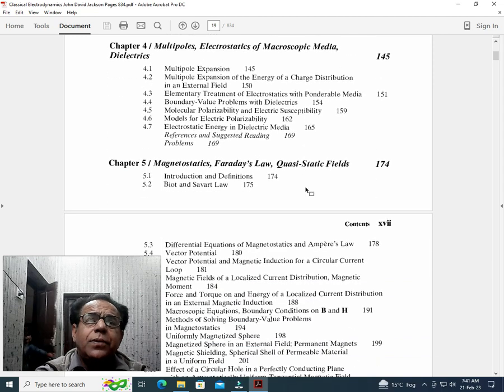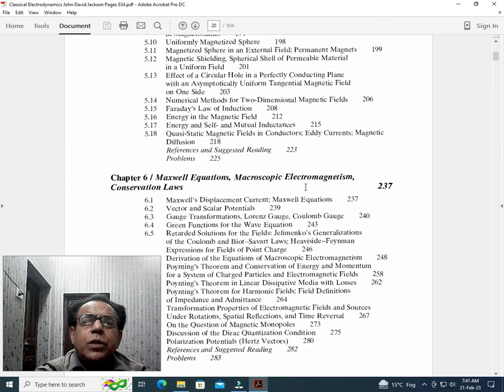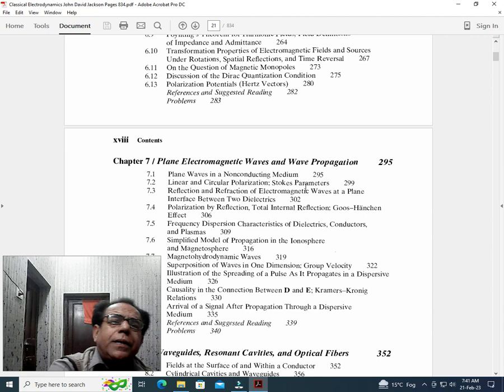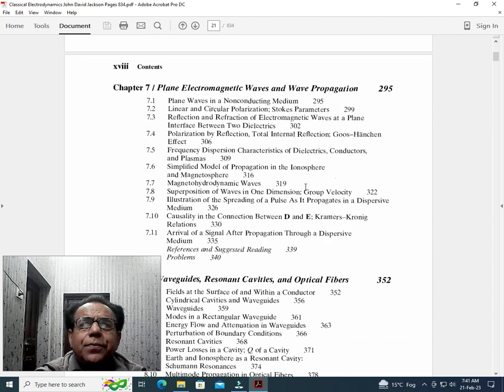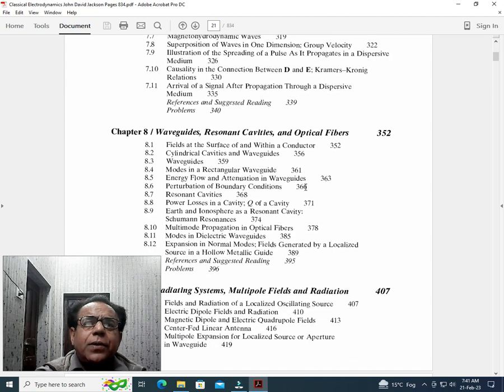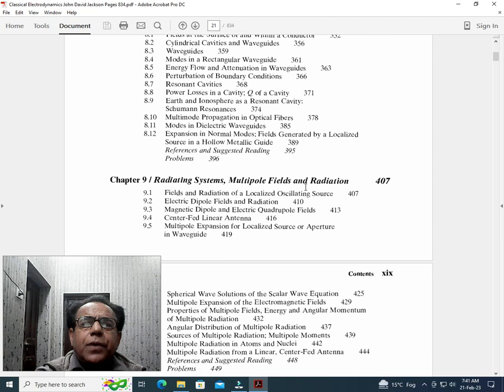Chapter number 5, Magnetostatics, Faraday's Law, Quasi-static Fields. Chapter 6, Maxwell Equations, Macroscopic Electromagnetism, Conservation Laws. Chapter number 7, Plane Electromagnetic Waves and Wave Propagation. Chapter number 8, Waveguides, Resonant Cavities and Optical Fibers.